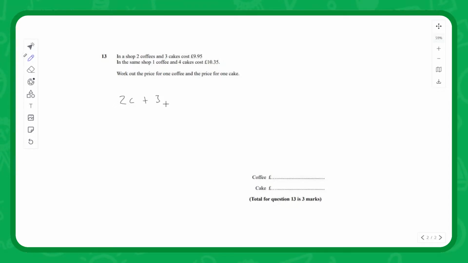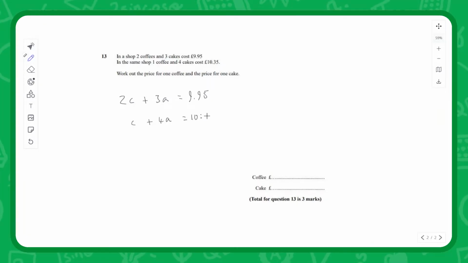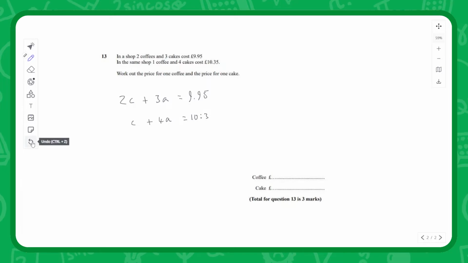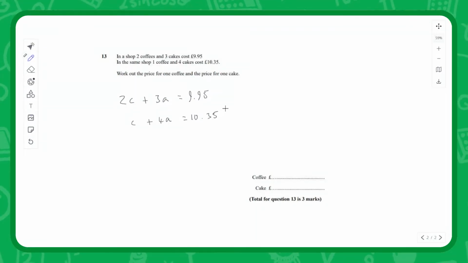It's annoying that it's C and C, so I'm going to call cakes A. And that costs $9.95. I also know that the same shop sells 1 coffee and 4 cakes for $10.35. That's not 10:35 a.m., it's $10.35.